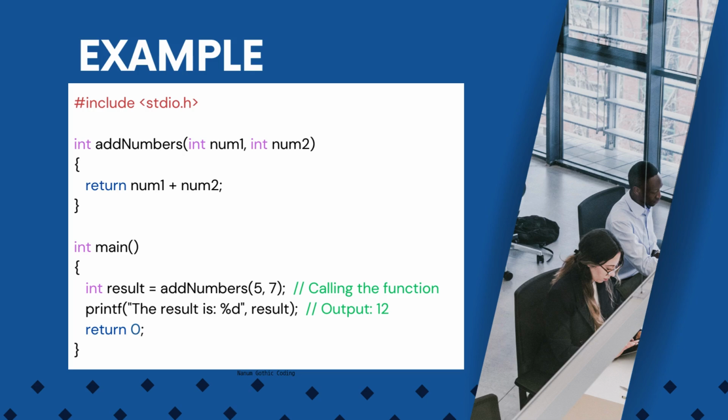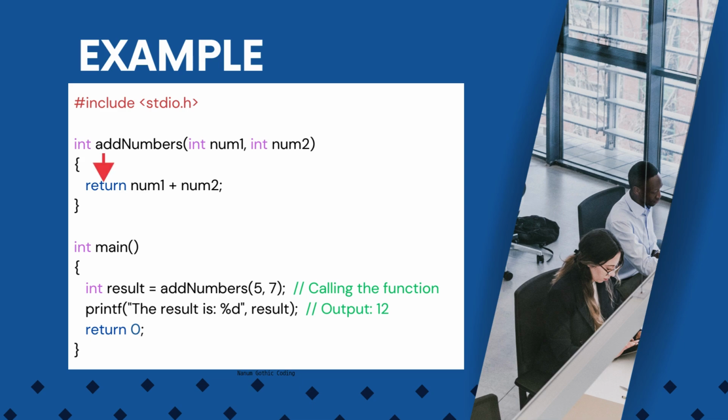Let's make this clearer with an example. Here is a simple function that adds two numbers together. Here's how it works. First, the function has a return type of int, meaning it will return an integer. The function is named addNumbers, and it takes two parameters, num1 and num2, both integers.